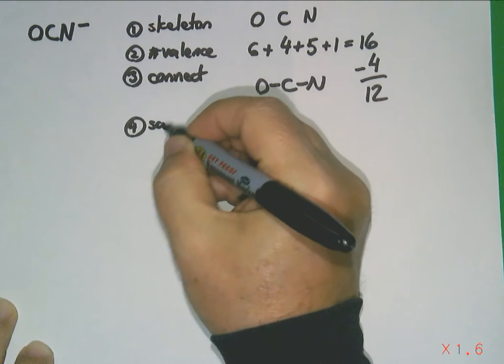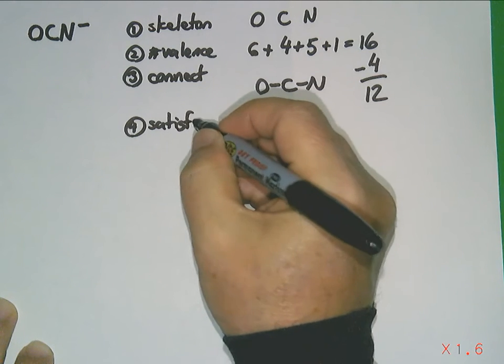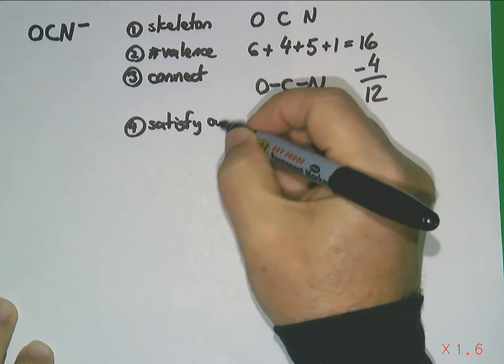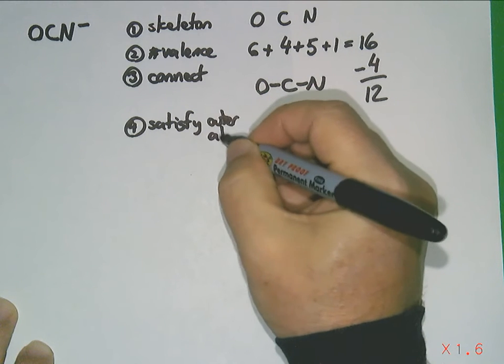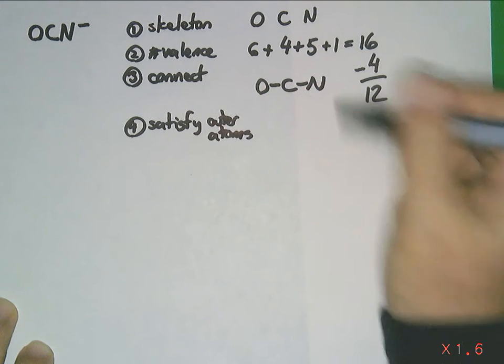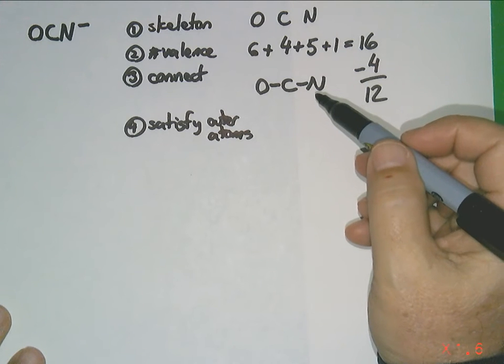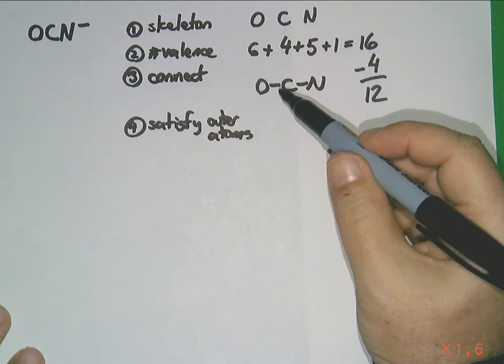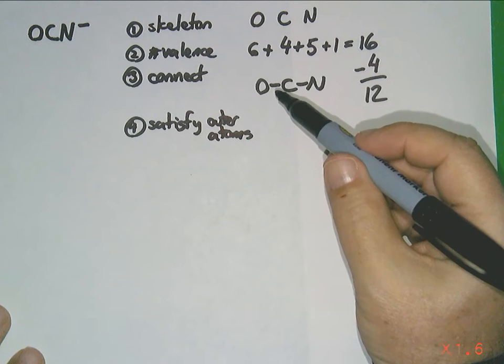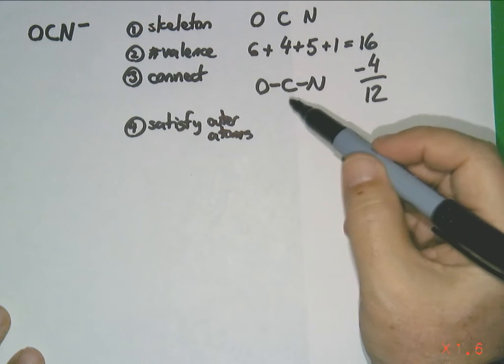Step 4, satisfy the outside atoms. That's the oxygen and the nitrogen in this case. Each of those atoms wants an octet. And the oxygen has already got 2. It needs 6 more.